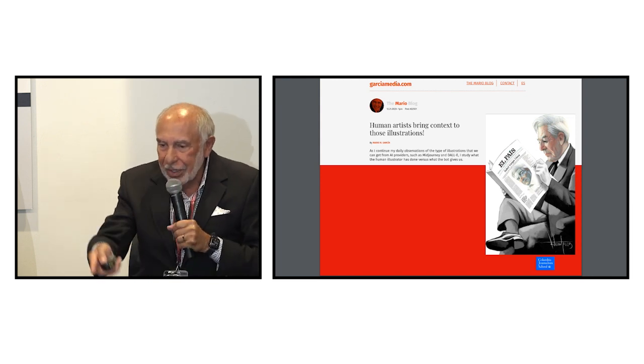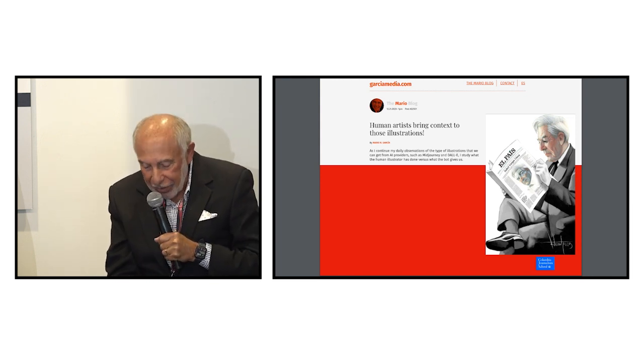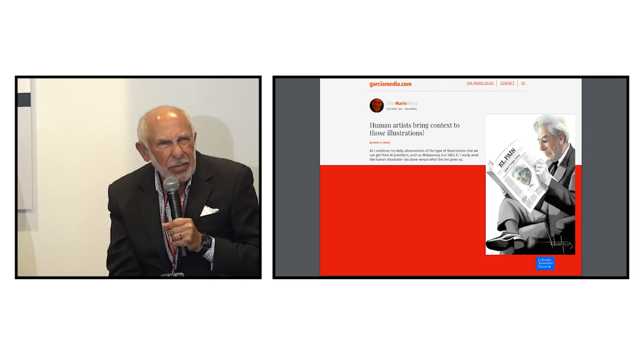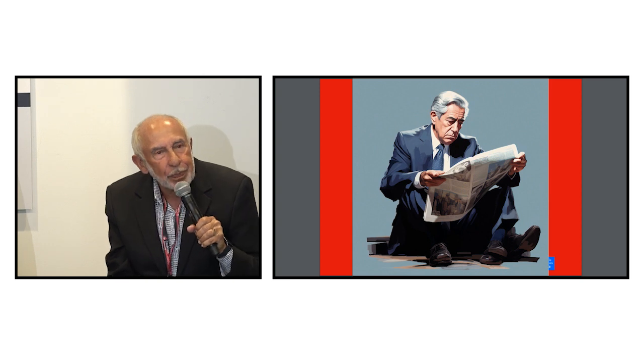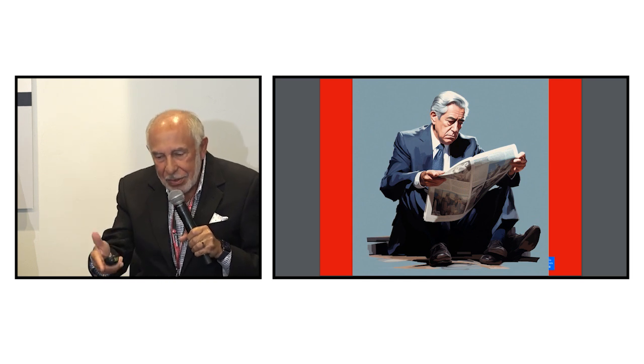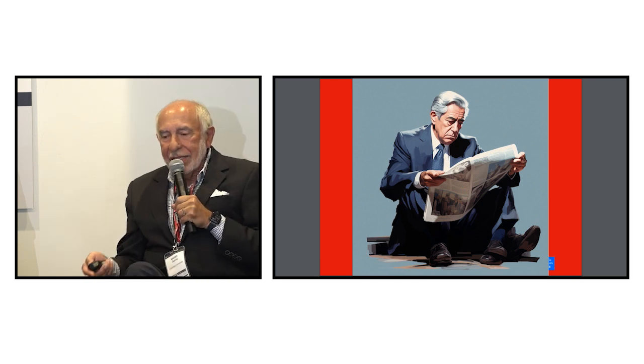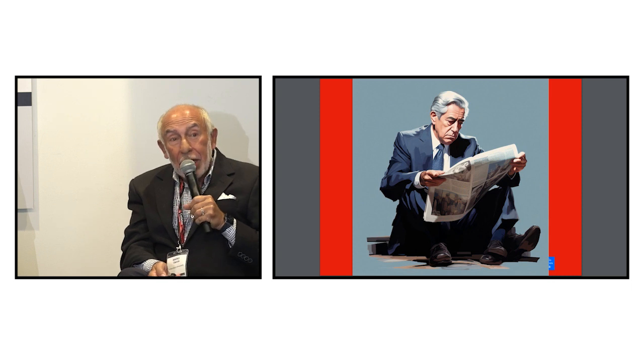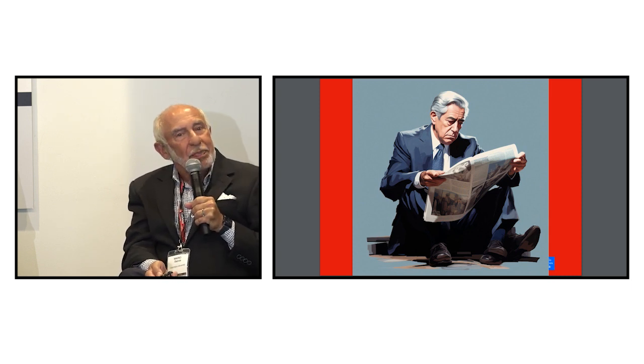There he is with a copy of El País and his photo on the cover. I put all of that information into Midjourney, and I get Mario Vargas Llosa with four feet. Hands, ears, and feet, problematic here. So, I rest my case with that. But he looks like Mario Vargas Llosa. The newspaper is not El País, but look at the shoes, okay?